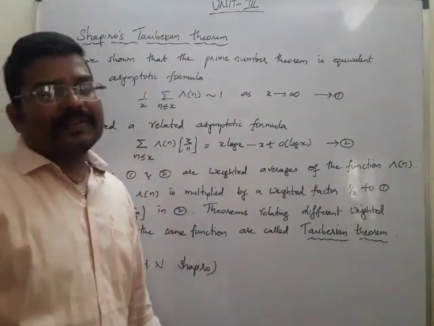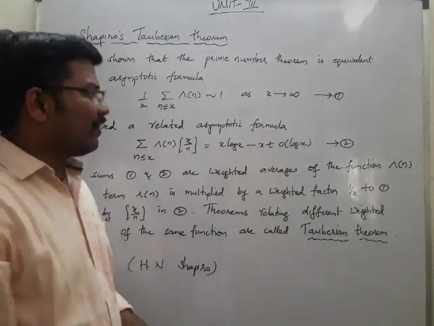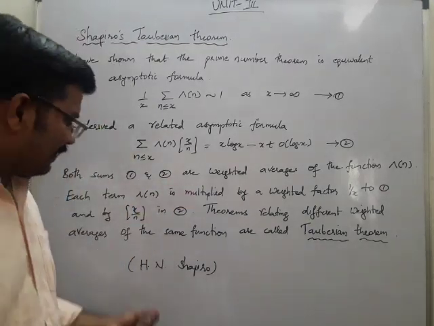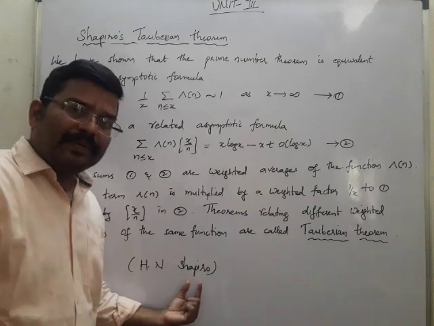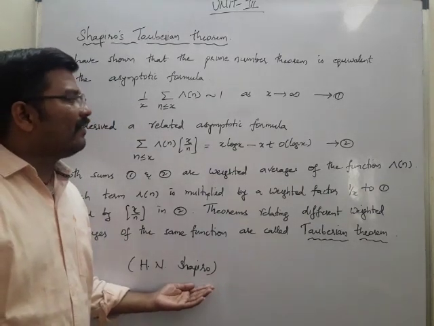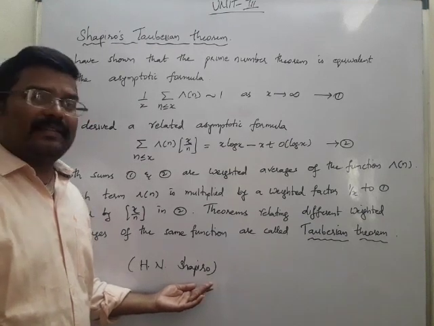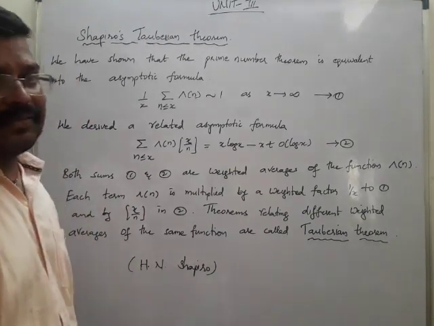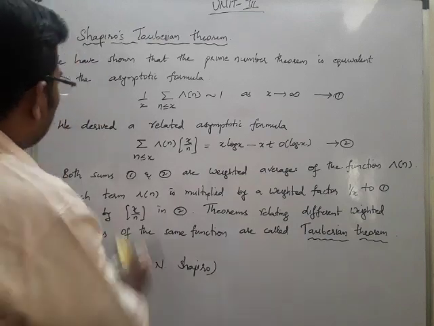Based on this, we have a theorem that we are going to solve. This is given by H. M. Shapiro, one of the mathematicians. He derived this Shapiro's Tauberian theorem. That derivation we are going to find out now.